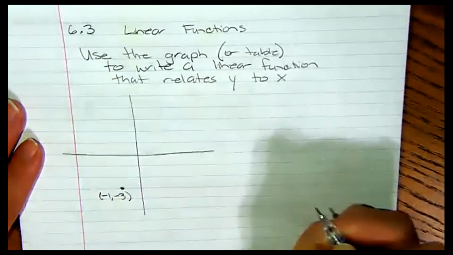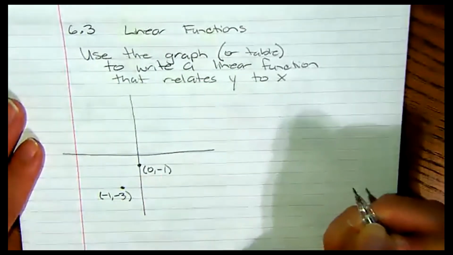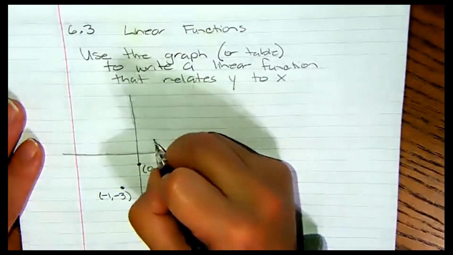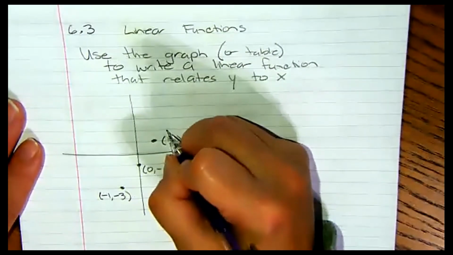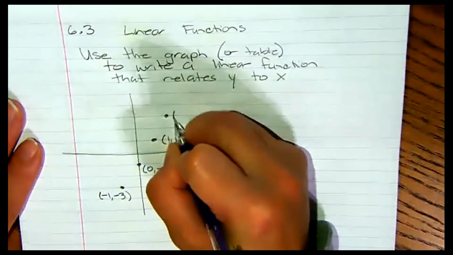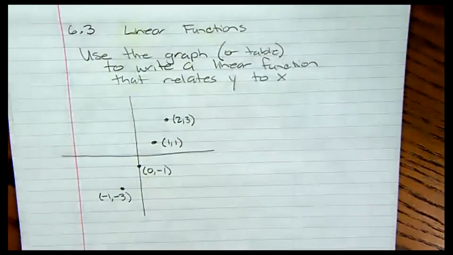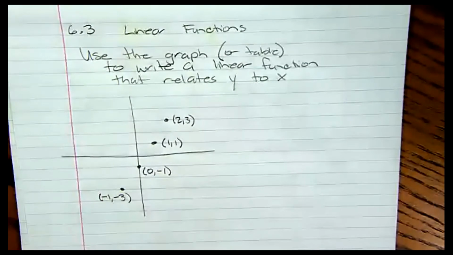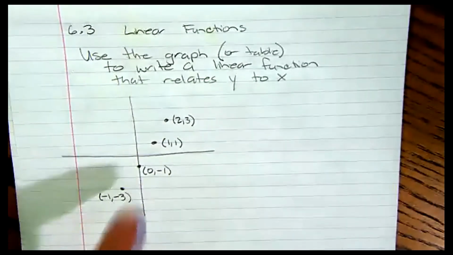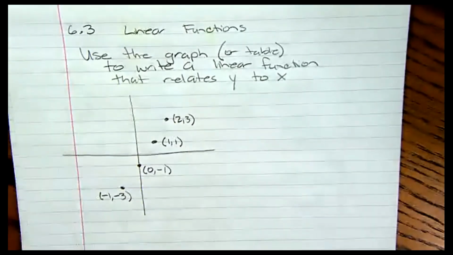-1, -3, 0, -1, 1, 1, and 2, 3. And chances are there won't be a line through it. It could have a line, it may not have a line. So you're going to have a graph that looks like this, or a table that has these points.